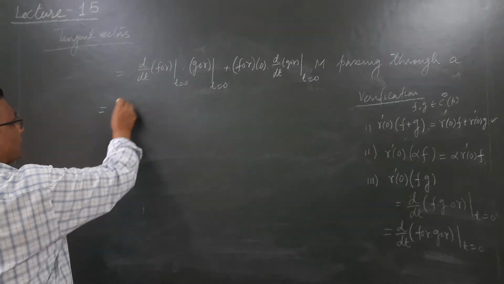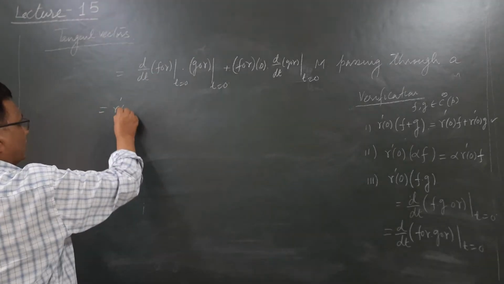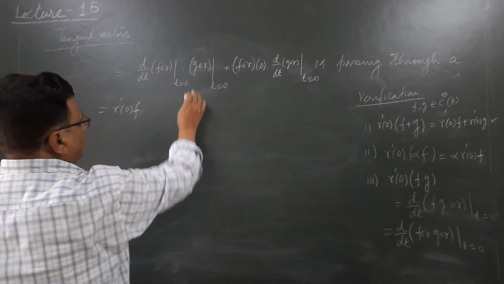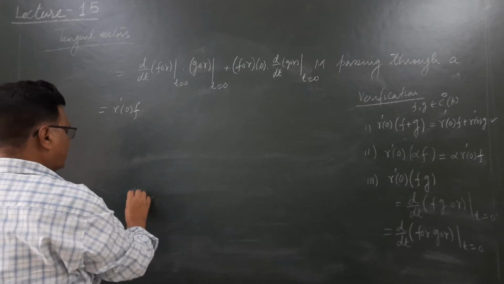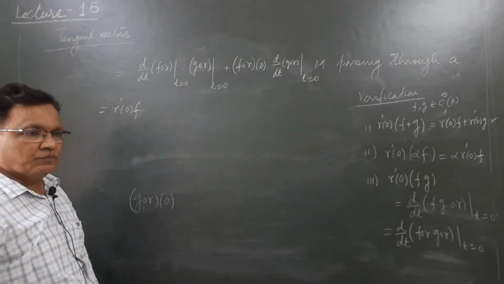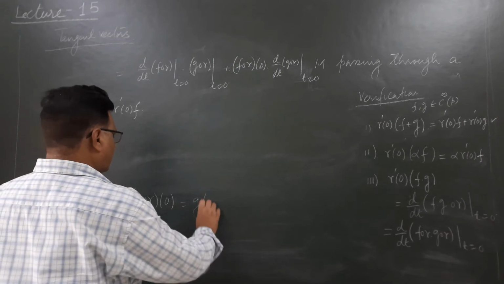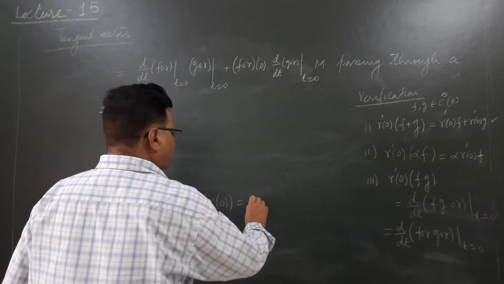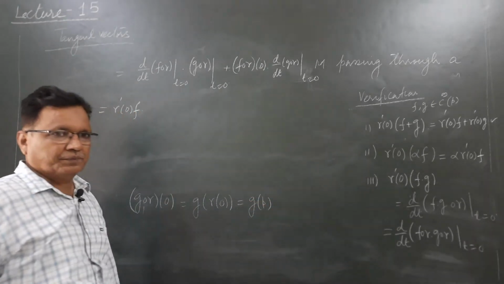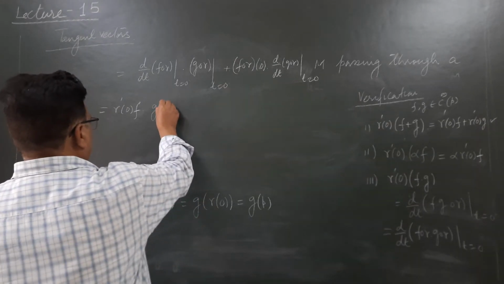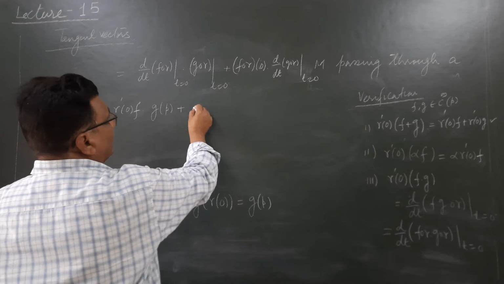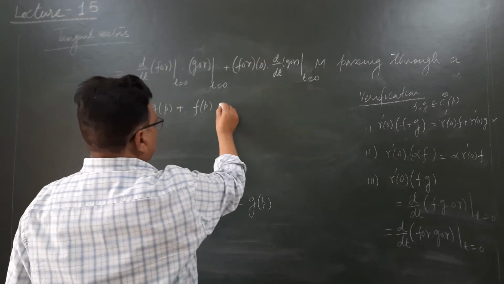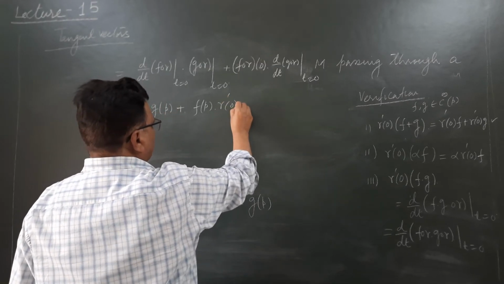Now look at the box relation. This quantity is precisely gamma dash 0 f. This quantity g composition gamma at 0, right? So you will write this as g of gamma of 0. You named gamma 0 as p, so this is gp. So this is gp, plus same way this is fp, and this quantity by box relation is gamma dash 0 operating on g.